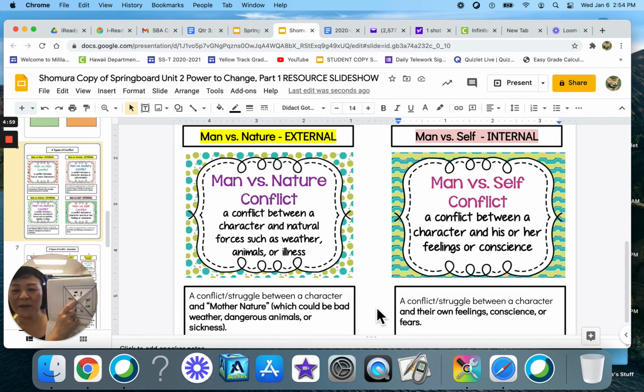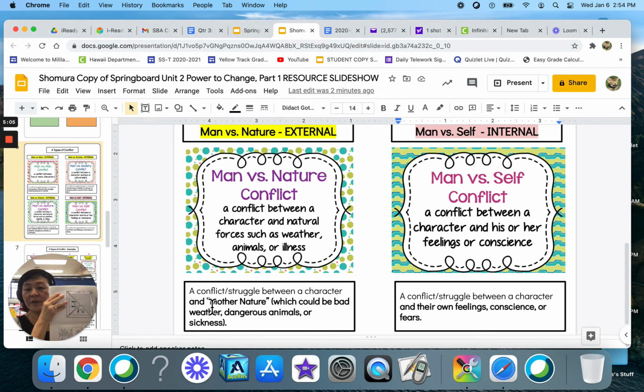It's kind of a small bear. And you are going to write the definition in the box that's underneath here. So you're going to write a conflict or struggle between a character and, quote, Mother Nature. And Mother Nature could be bad weather, it could be dangerous animals, or it could be sickness, like fever, okay, or COVID. So you're going to write those notes under here.